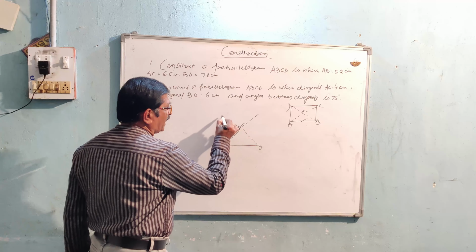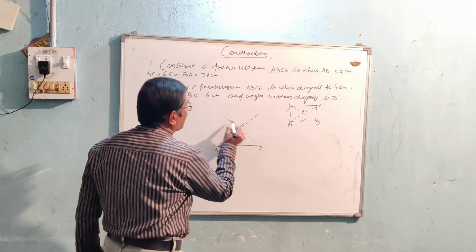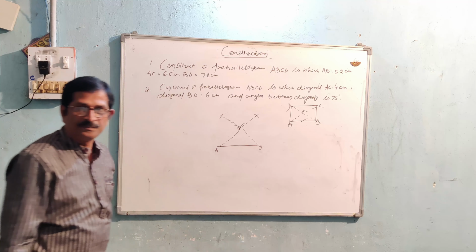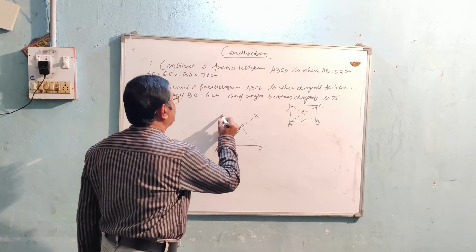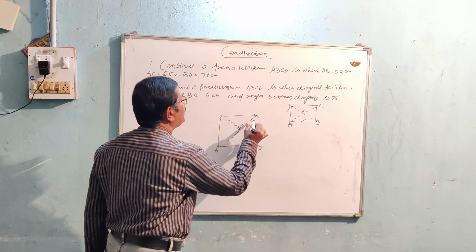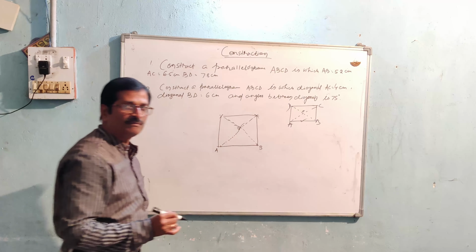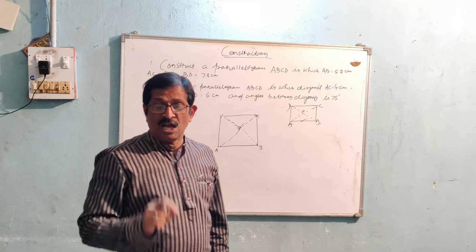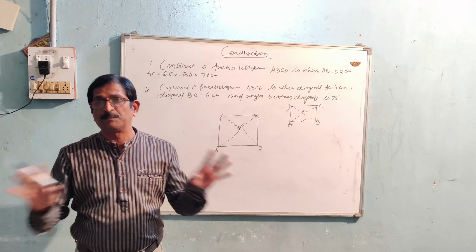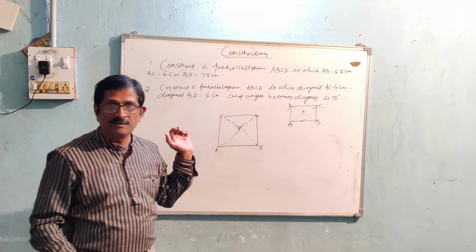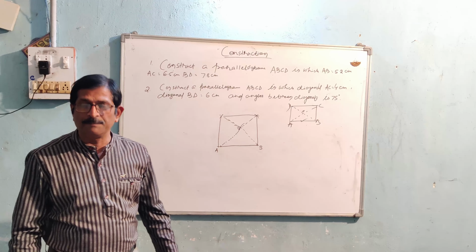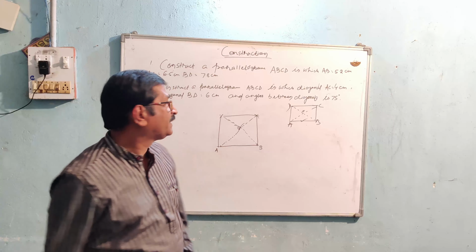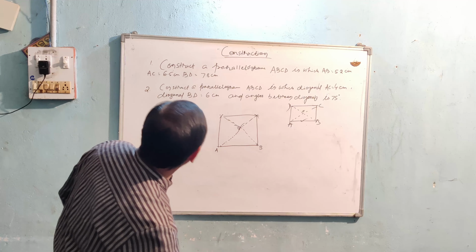So from this point you take another half of AC, and from this point another half of BD, and thereafter simply you join these lines. Finish. Very simple process. But you must remember the properties. Unless you remember the properties, it is not possible. In this process you can draw a parallelogram where one side and 2 diagonals have been given. Let us go for the second problem.